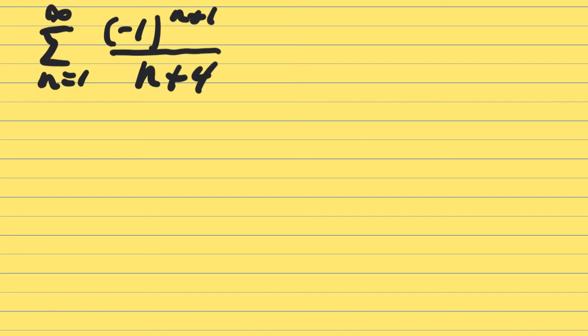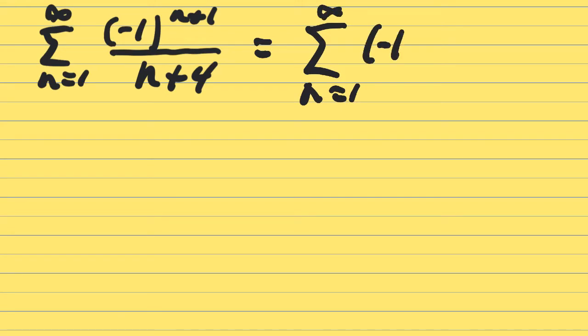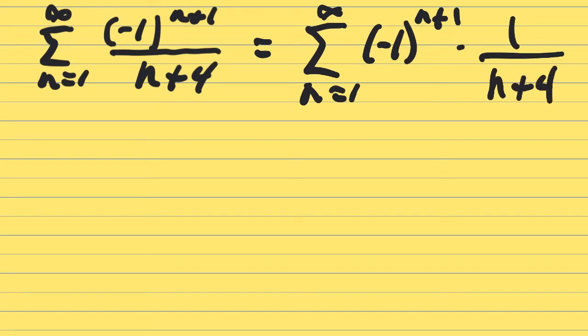Since this term has a sign alternator in the numerator, we can rewrite it a little bit, where we pull that sign alternator off and then write that as 1 over n plus 4. From the alternating series test on the first slide, this is what's considered to be your a sub n.